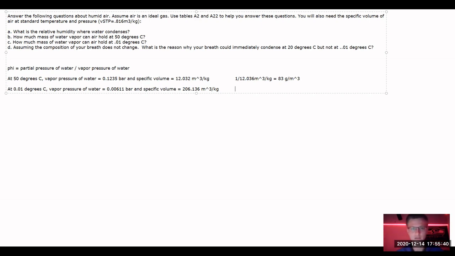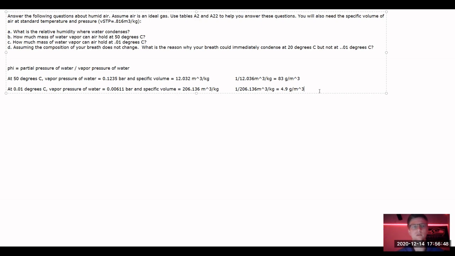That's at 50 degrees. At 0.01 degrees, we take 1 divided by 206.136 meters cubed per kilogram, and that's going to come out to 4.9 grams per meter cubed. That is the amount of mass of water vapor that air can hold at 50 degrees and 0.01 degrees Celsius.